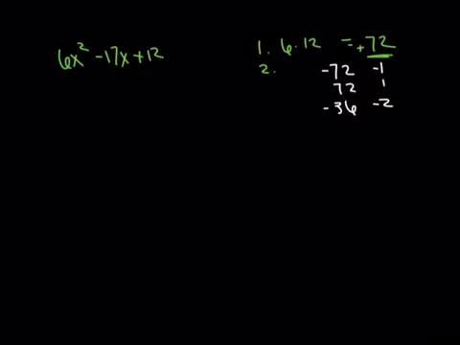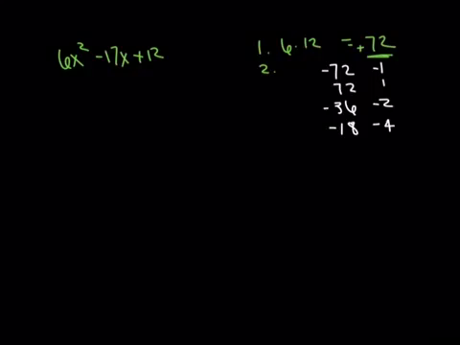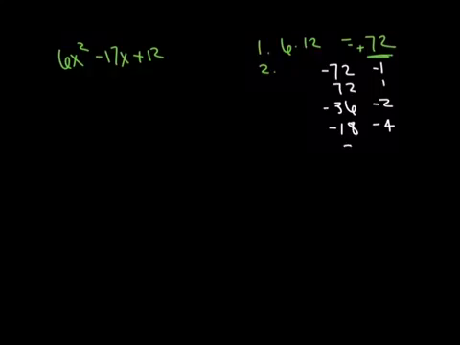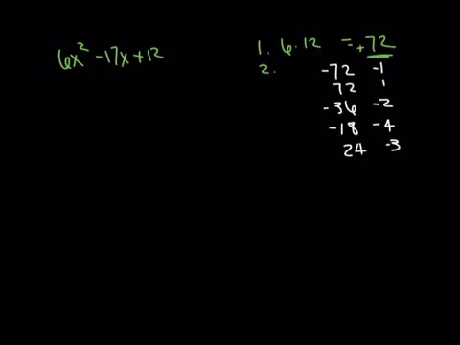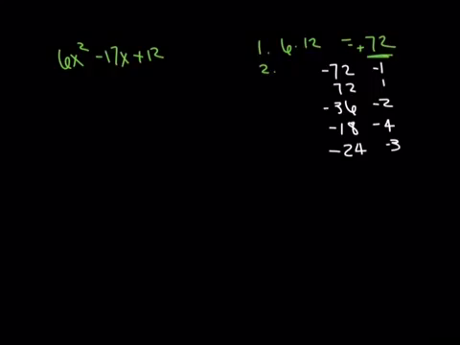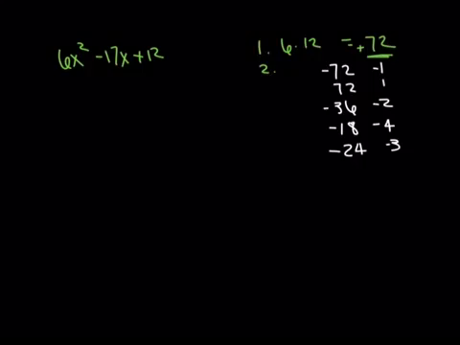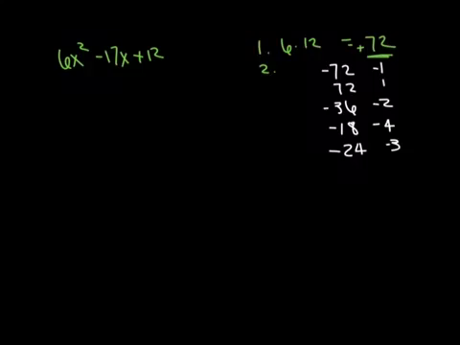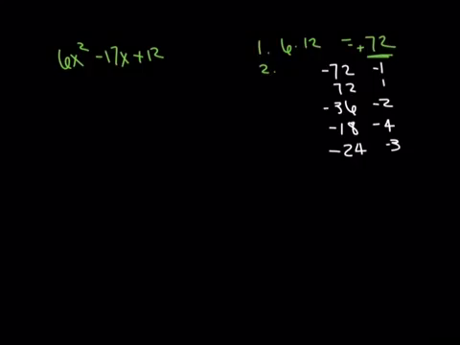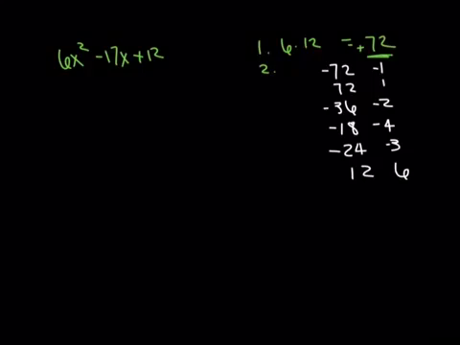36 and 2. Let's see, 18 and 4. Seems like there's, is it 24 and 3? So far I'm not getting 17 when I add those. Let's see, we have 12 and 6.